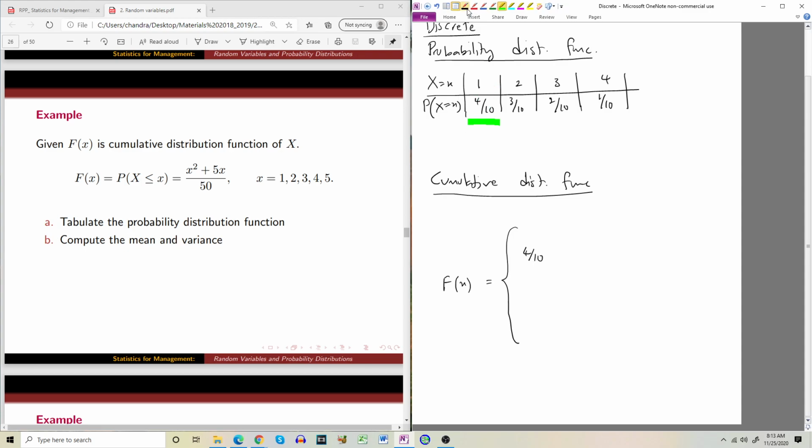Of course this 4 over 10 is for x equal to 1, and then we add 4 over 10 plus 3 over 10, that would be 7 over 10.